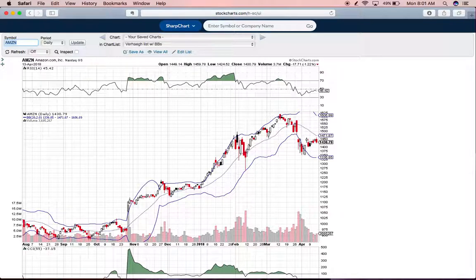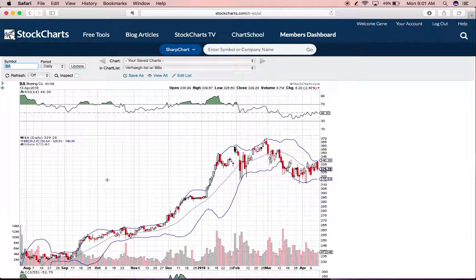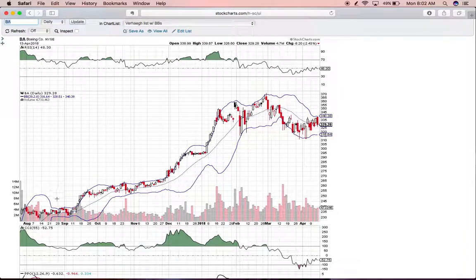Another illustration would be at Boeing. And notice on Boeing down here back in late August, September, how the Bollinger Bands got tighter and tighter, and they got squeezed, and then they popped up in this case. They even squeeze a little bit here. They start bringing in, not a great example, but you can see they started to turn in toward each other, and then it popped up.